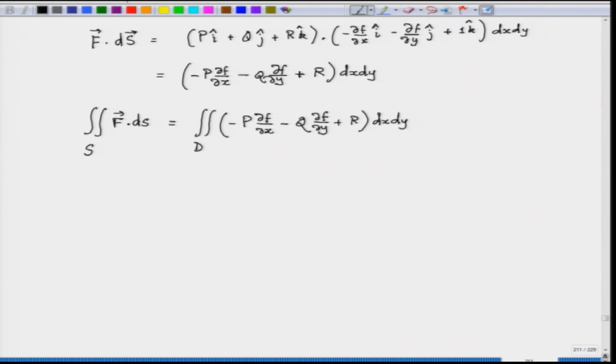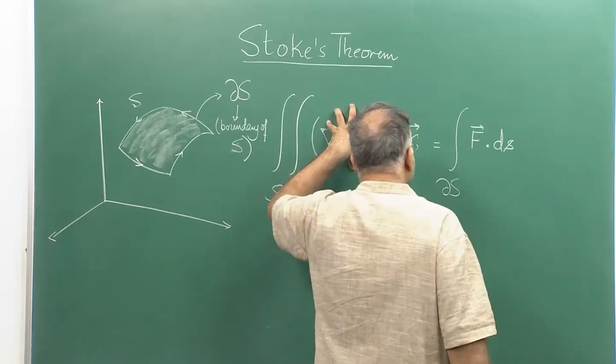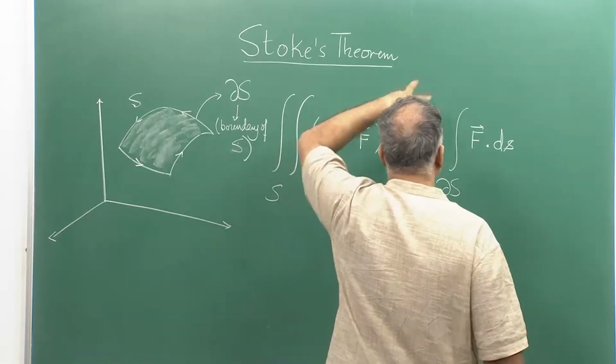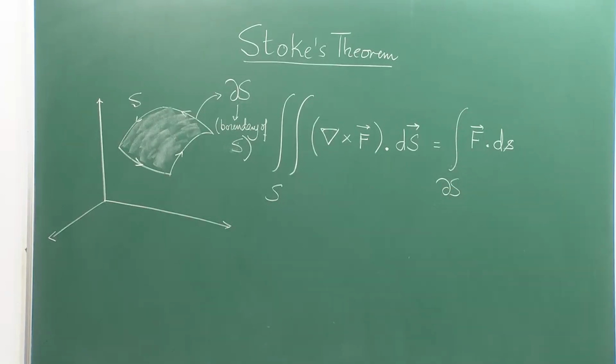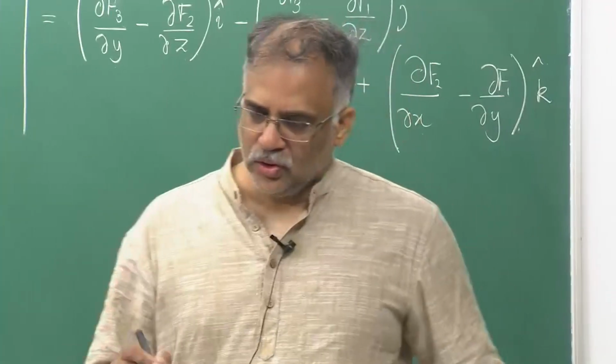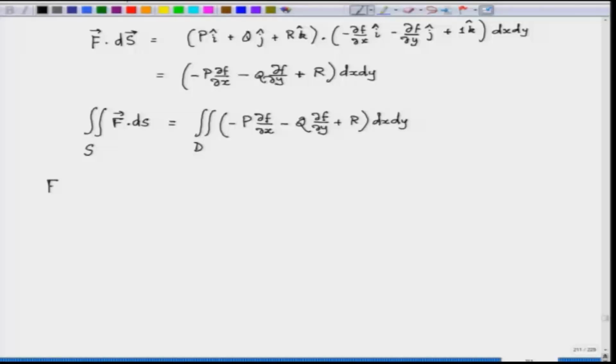Now, here in our story, my vector field is not given by any function written as P, Q, R, but in terms of the curl. So, suppose now I have F vector which is given as F1 i vector, F2 j vector and F3 k vector. So, F is a function from R3 to R3.